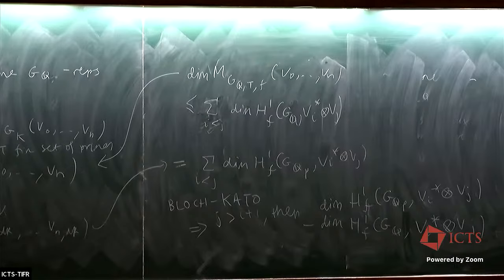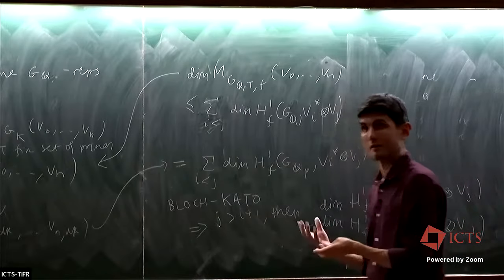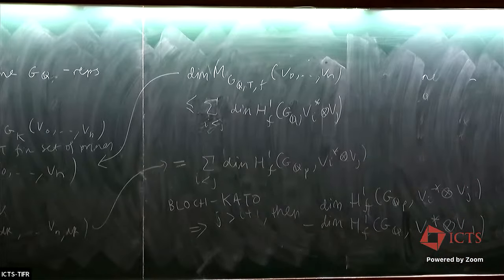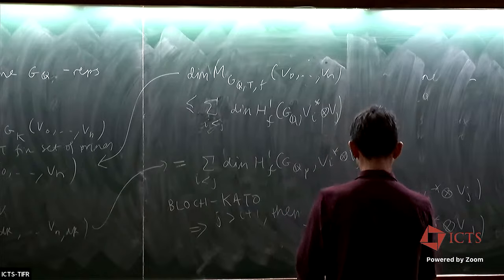Abelian varieties can have big ranks. But in this case where j is greater than i plus 1, the Bloch-Kato conjectures, following on from Beilinson conjectures, predict that we know exactly what these ranks are. They're not mysterious at all.